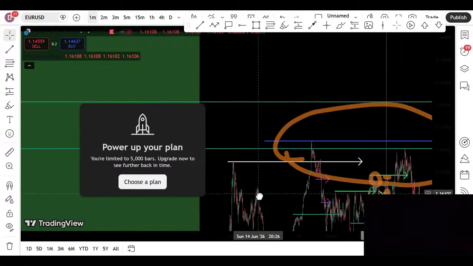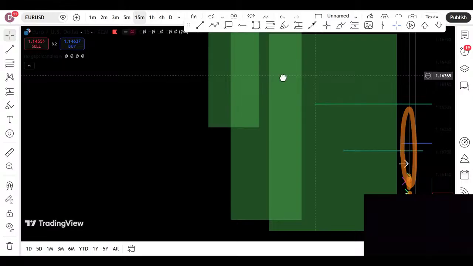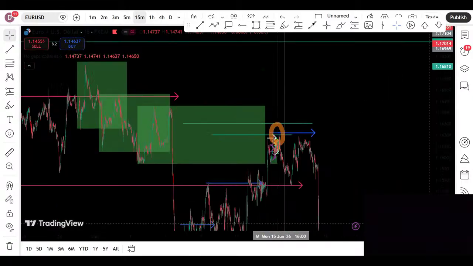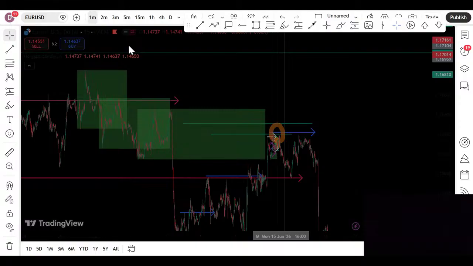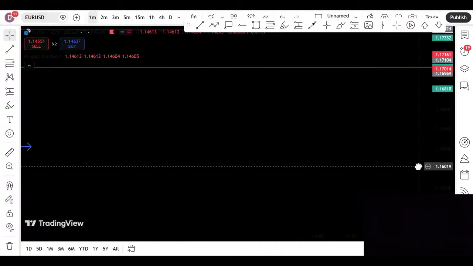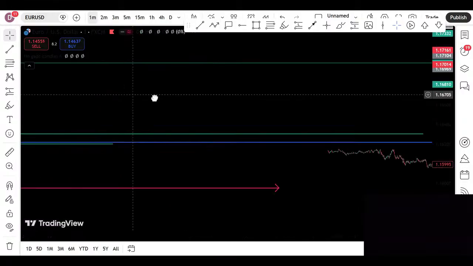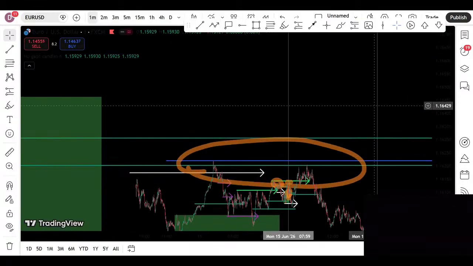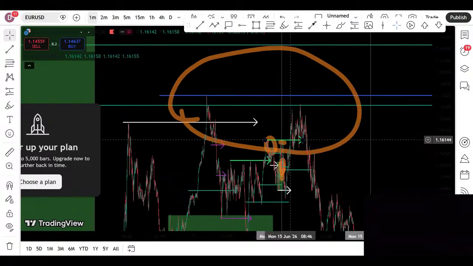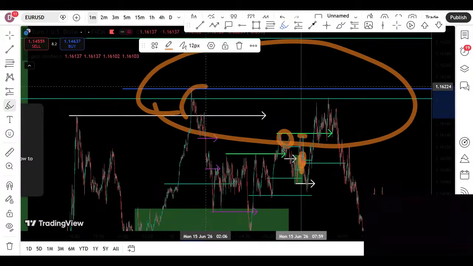We understand that we are on a high time frame zone from the left, and say that we are taking this as a scalp.